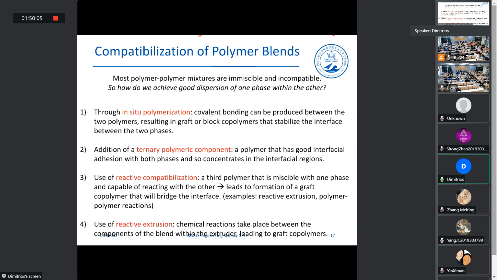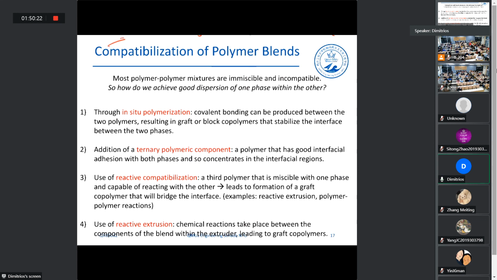So in order to ensure that we have good dispersion of one phase within the other, and we have a good behavior in those immiscible blends, we use this process that is called compatibilization, okay?